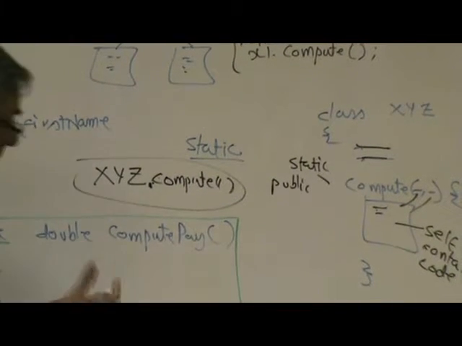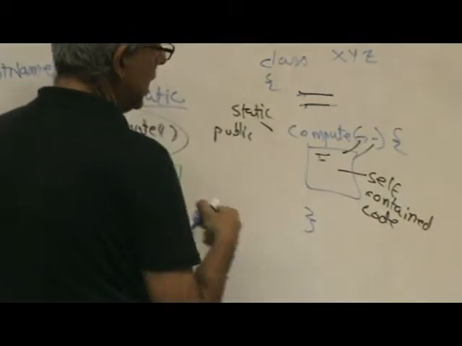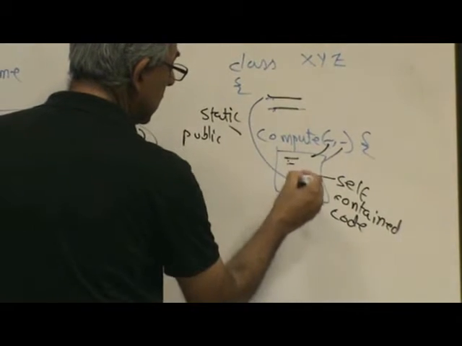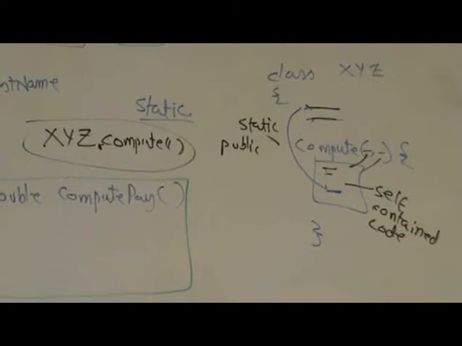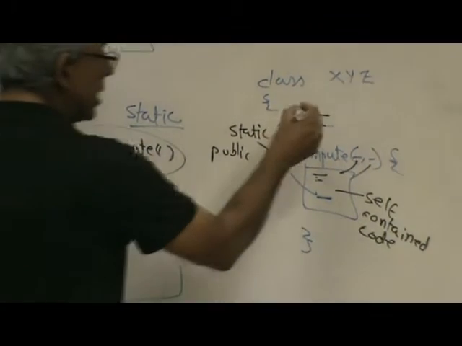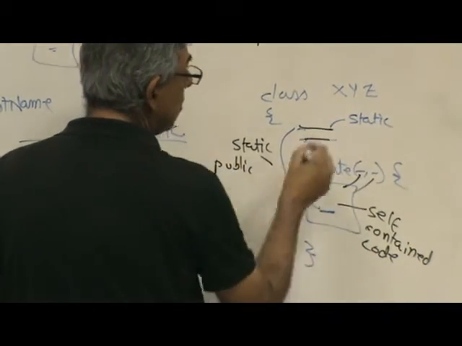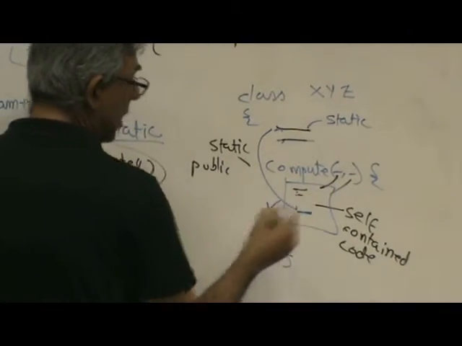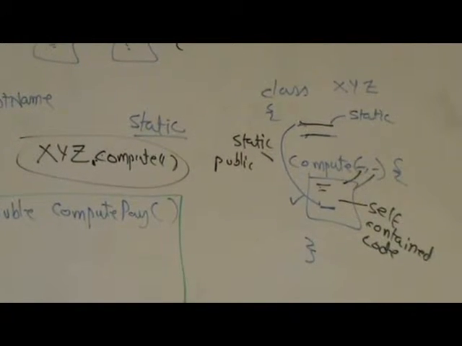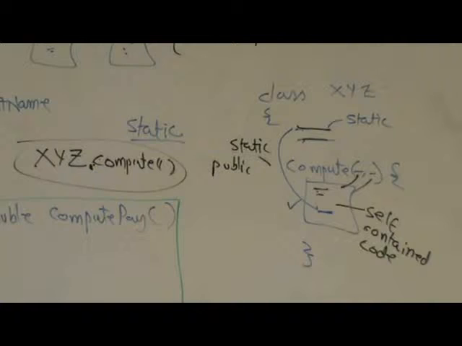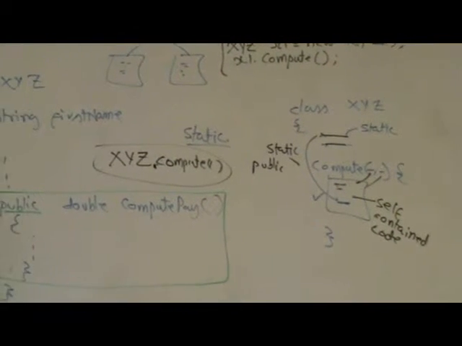Now even if the code here is using data, as long as the variable or the data is also marked static, it's okay to use it inside, because a static variable means there will be a single copy of that data no matter how many objects we create. So that will be shared data, right?